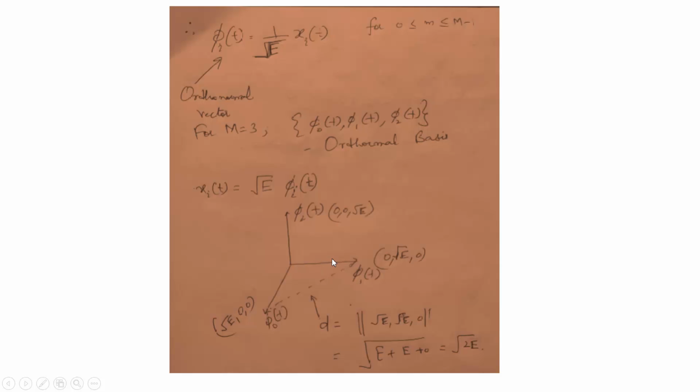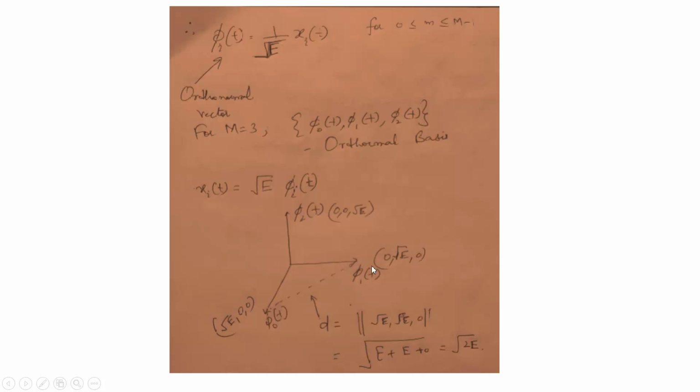Corresponding to phi_0(t), because phi_i(t) is unit energy here, its value will be equal to 1. So the coordinates of this point will be under root E, 0, 0.